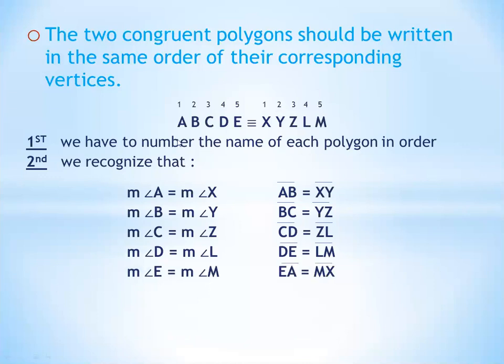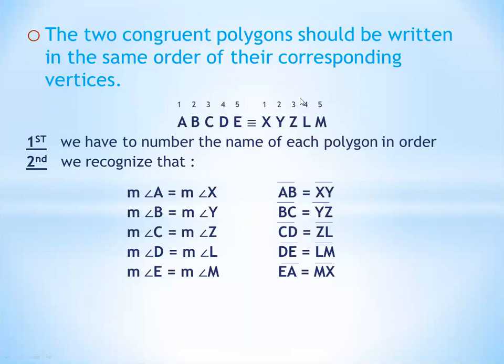And what about the sides? Here, I will take each two numbers beside each other, 1 and 2. What is this side called? It's AB. So AB is equal to what? Here it's number 1 and 2. Let's check the other polygon: 1 and 2 is XY. So AB is equal to XY. What about 2 and 3?